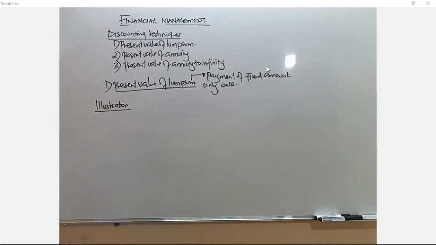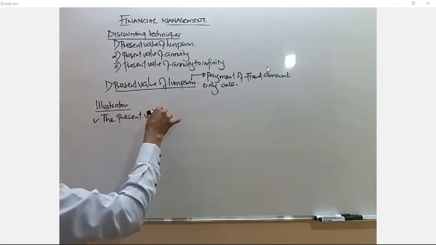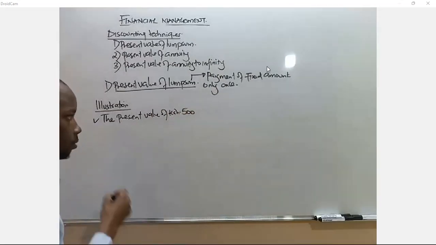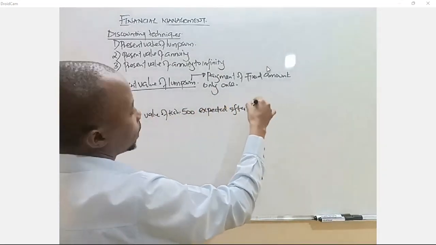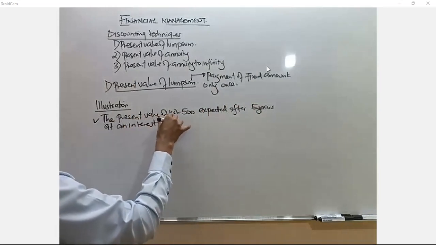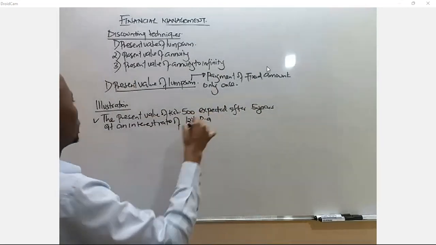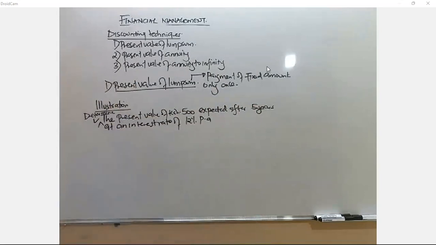Determine the present value of Kenya shillings 500 expected after 5 years at an interest rate of 12% per annum.